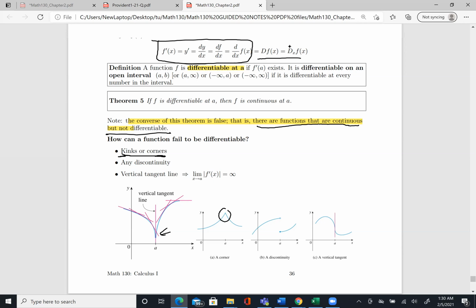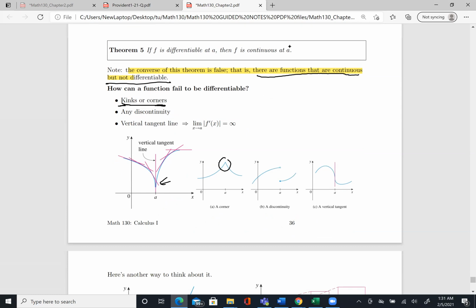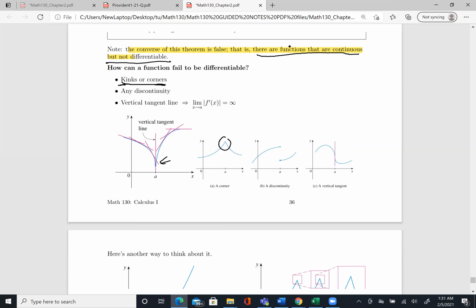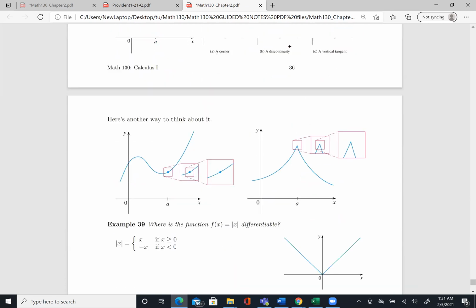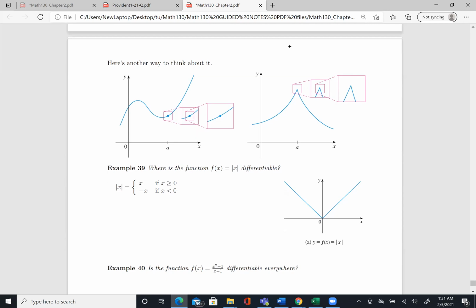So the third case is discontinuity, and the last case is vertical tangent. All these four pictures will make the function fail to be differentiable, so you cannot take the derivative for those.